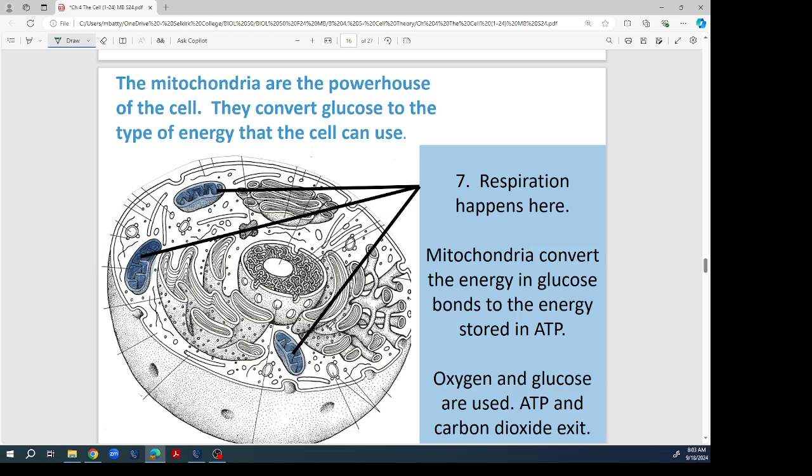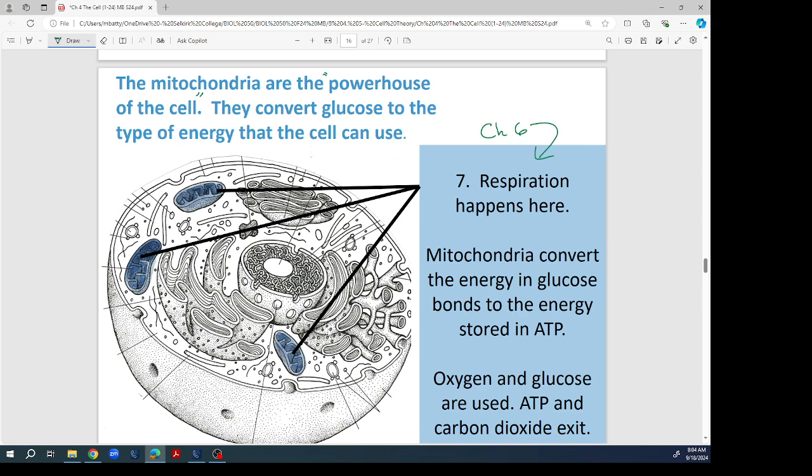All right, today is a sad day because the mitochondria, the mighty mitochondria, the powerhouse of the cell, which is what you may have thought of it as prior to this, we're going to go into a lot more detail in chapter 6. Basically, what happens in the mitochondria is cellular respiration. So yes, it's the powerhouse.